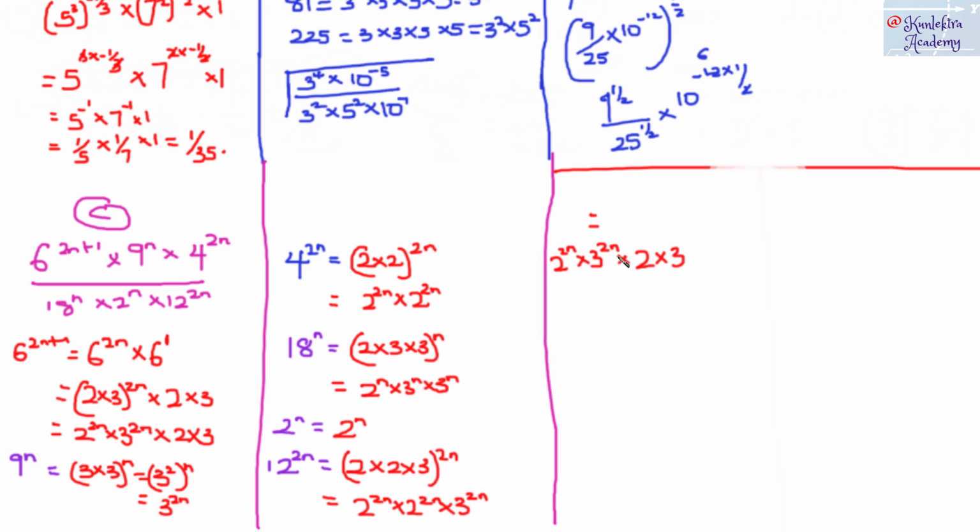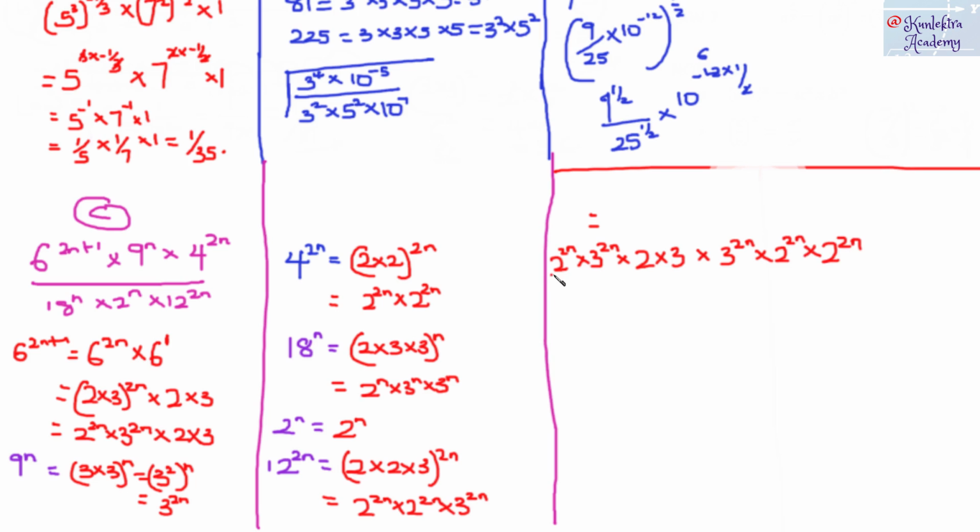Then for 9, times 3 raised to power 2n. Then for 4, times 2 raised to power 2n times 2 raised to power 2n.